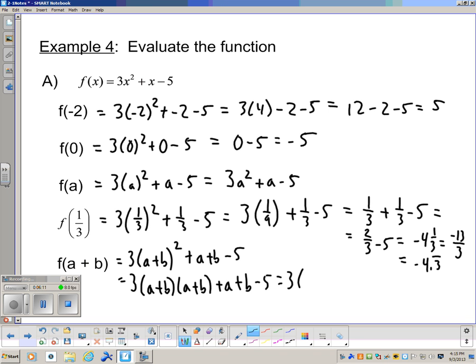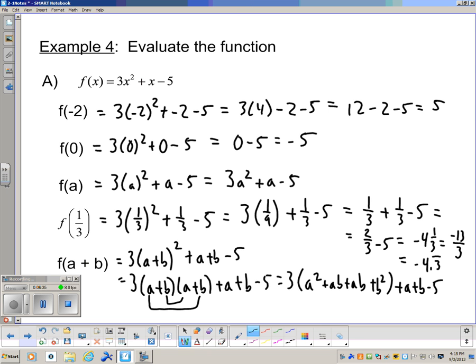First terms here, a times a is a squared. And then my middle terms, I got plus ab plus ab. And then my last terms, b times b there is b squared. And then I still have plus a plus b minus 5.